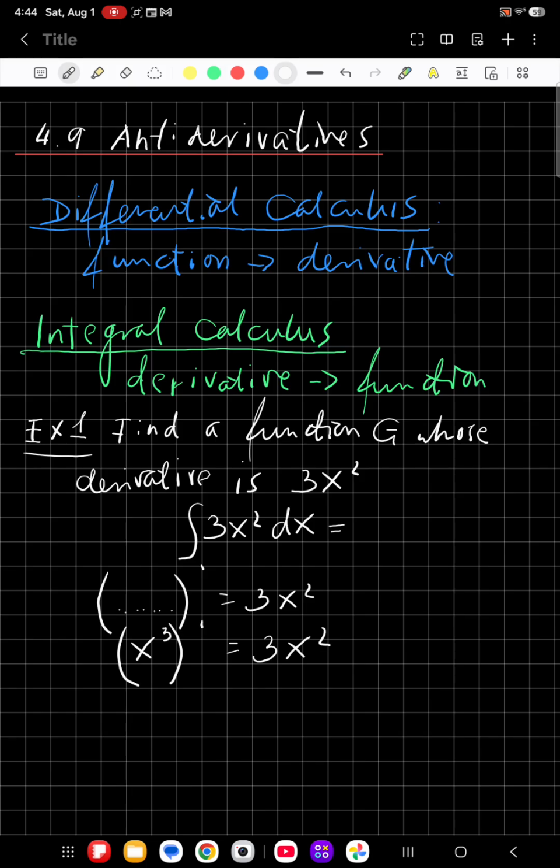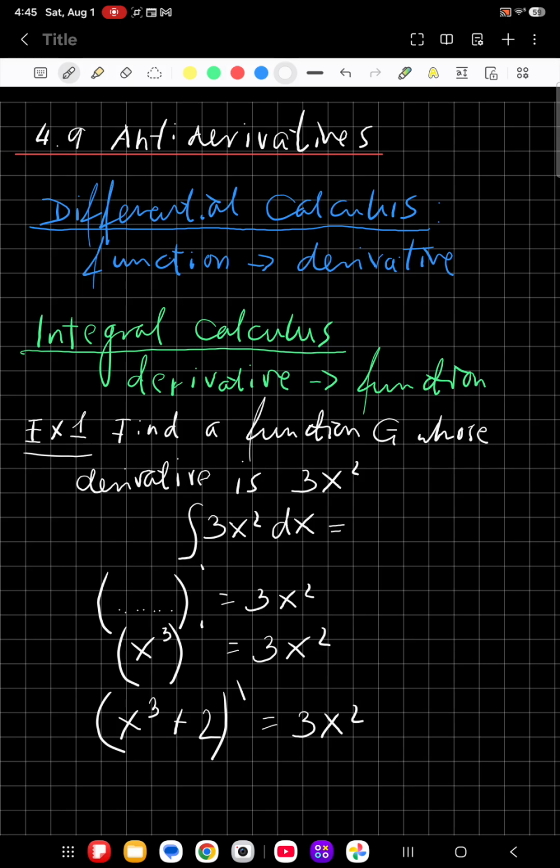So normally we were looking for this, but now we'll be looking for that. If you remember inverse functions, that's basically what is happening. There is another thing going on. If I took the derivative, let's say, of x cubed plus 2, the derivative of that will be the same thing, because the derivative of 2 is 0.